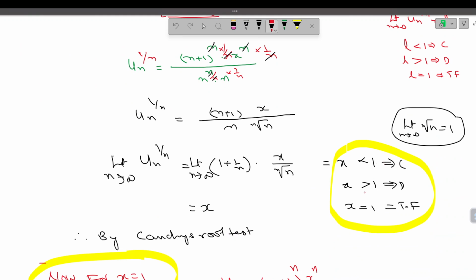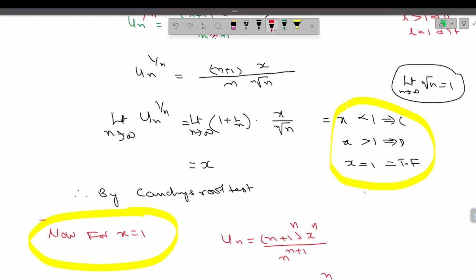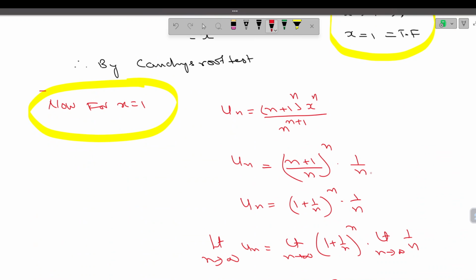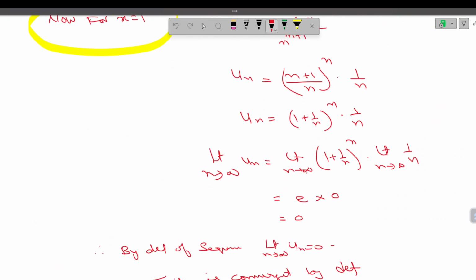Greater than 1, divergent. x equal to 1, test fails. So for x equal to 1, we test the series again by the definition of convergence, without applying any test. So for x equal to 1, the series is convergent. That's it.